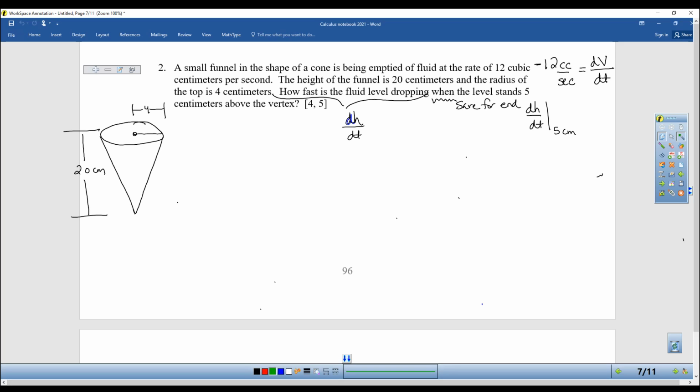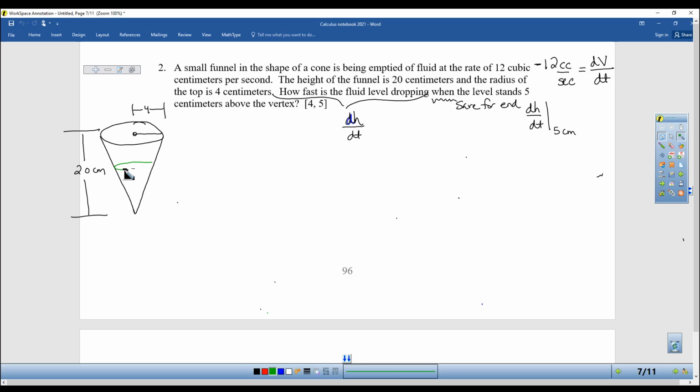This problem is going to harken back to the one that we did in modeling and optimization. You might remember where we cut this off, and I explained how this was a similar triangle to the overall cone. We're going to do the exact same thing, but it's going to be easier.